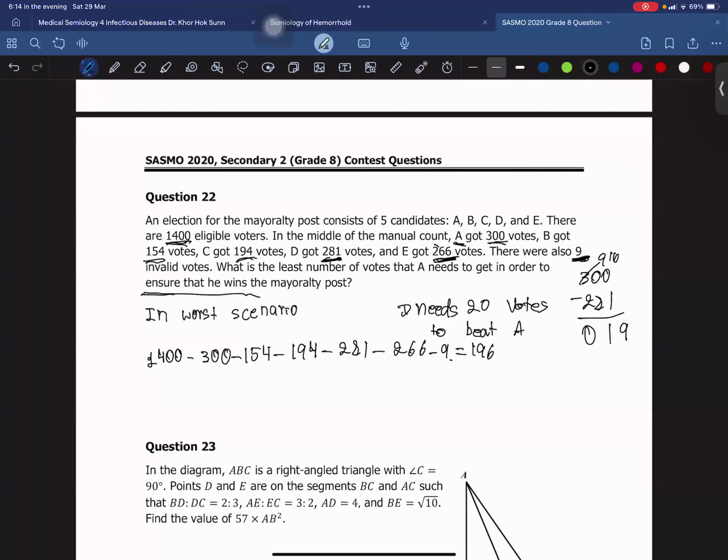To ensure that A is going to be the winner, we have to make sure that the leftover votes, which are 196, plus the 20 that lets D win. So we just need to add that and then subtract it, which we have as 108 votes.